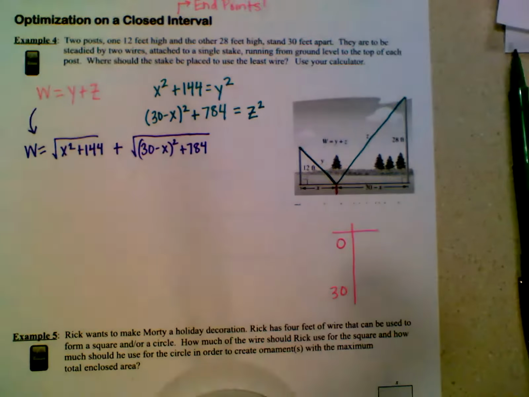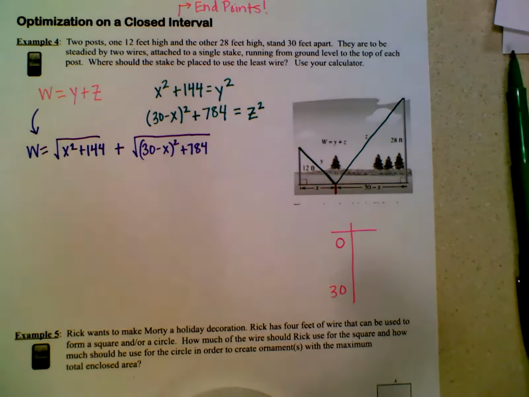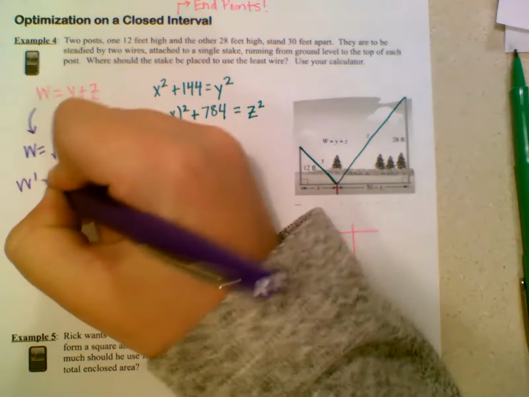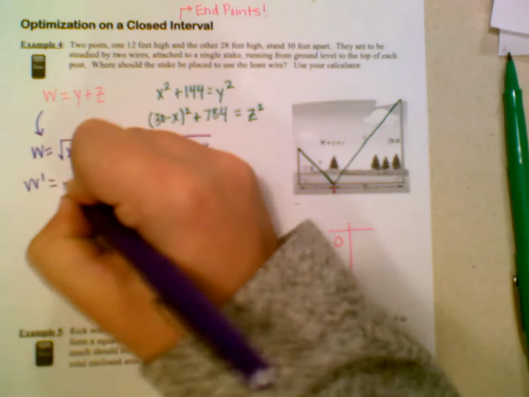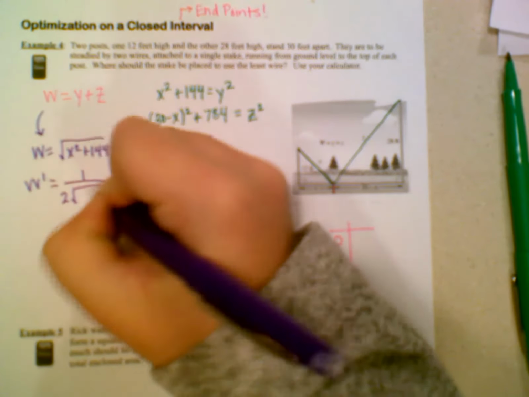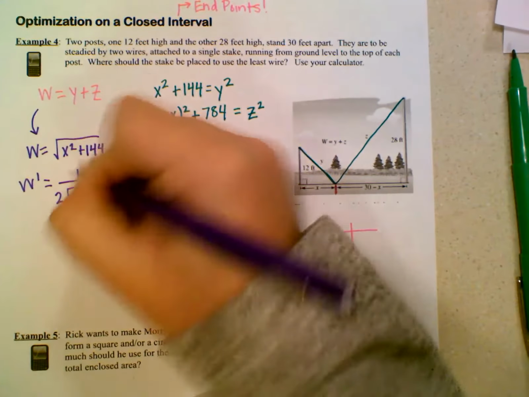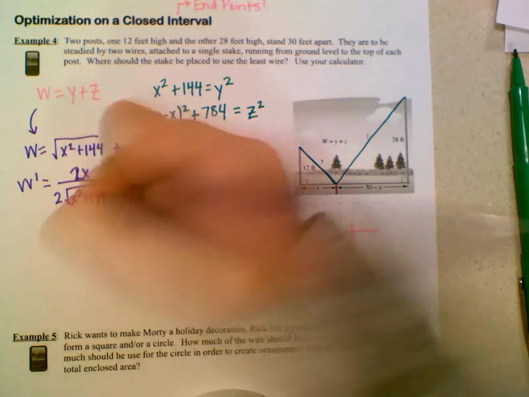All right. The other tricky part of this could be some algebra. So now that we have our primary equation, all in terms of x, we're going to take its derivative. The derivative of a square root is 1 over 2 square roots, and then times the derivative of the inside of the square root, so that'll go in the top. So 2x will be in the top instead of the 1.